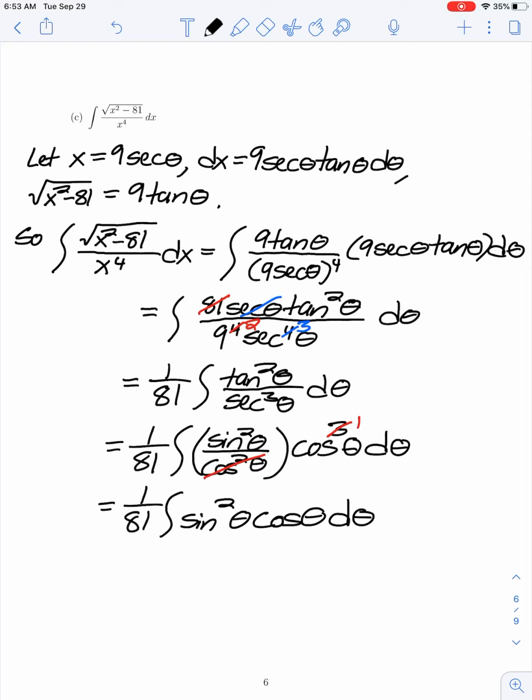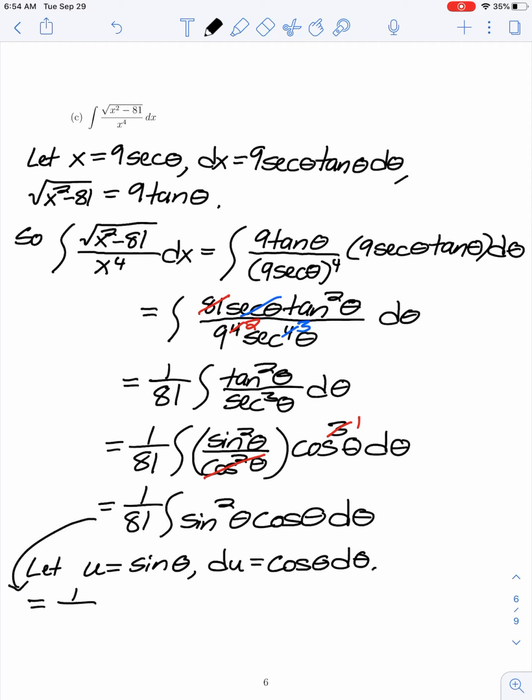All right. So from here, we can make a u substitution. We have a trig integral involving a product of powers of sine and cosine. We see that cosine is odd, and we've got 1 power of cosine theta factored out. So if I make a substitution of u equals sine theta, then du is cosine theta d theta, and we can rewrite our integral as 1 over 81 times the integral of u squared du.